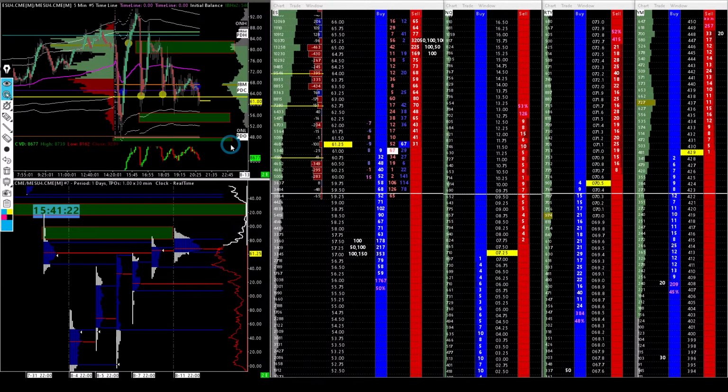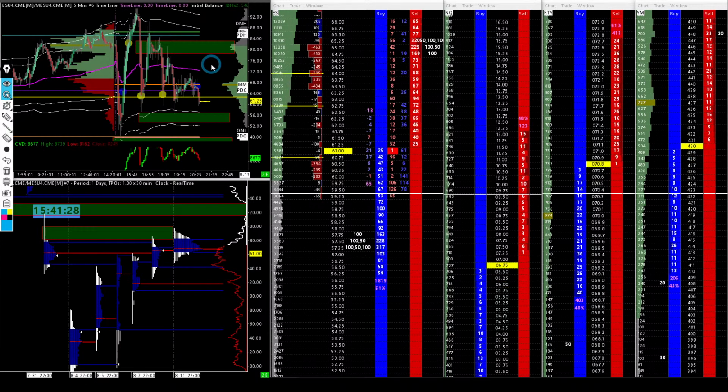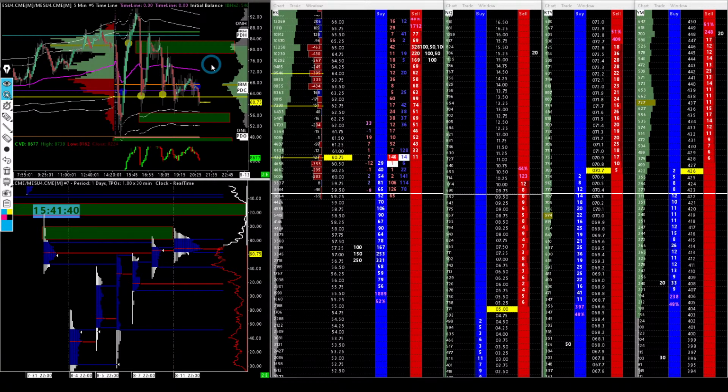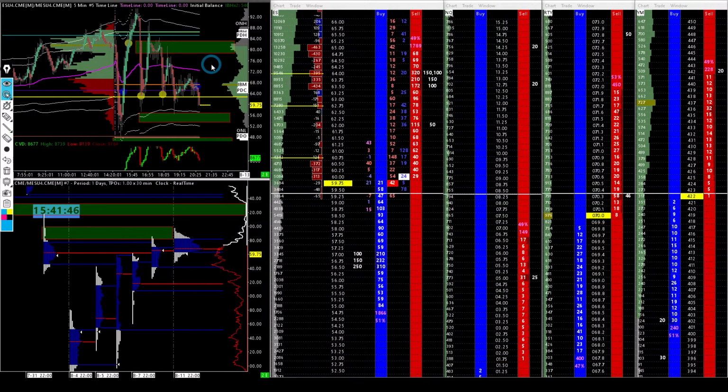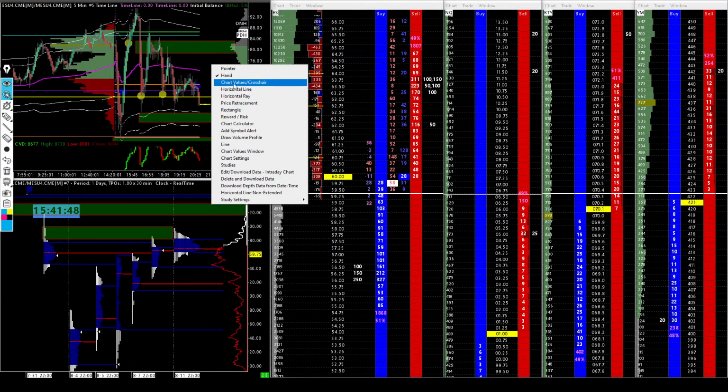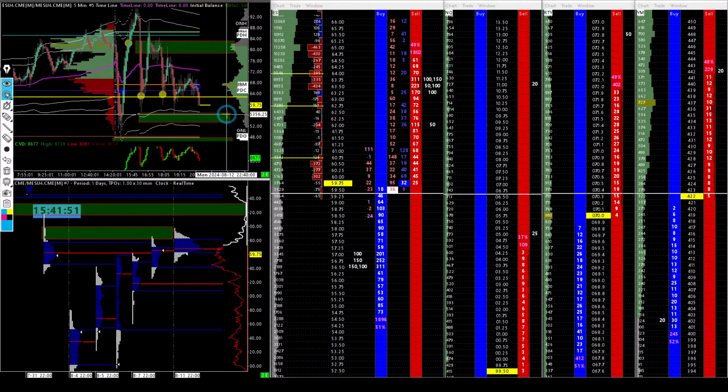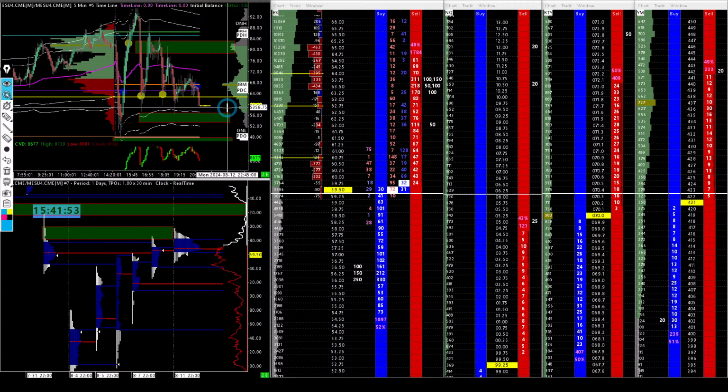We have 9 minutes till auction. Okay, let's try out this first sweep level if we do get there. Hope we do. 56 and a quarter.